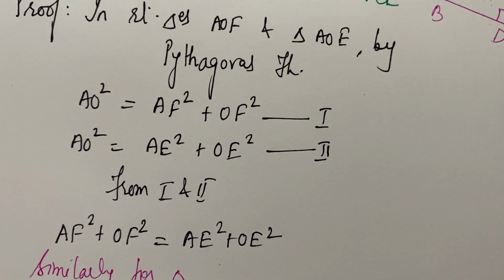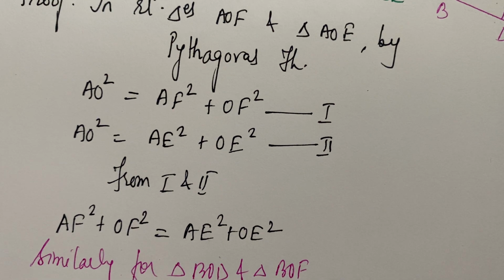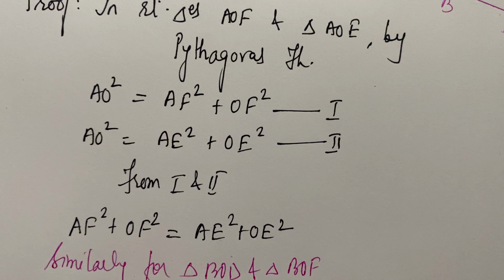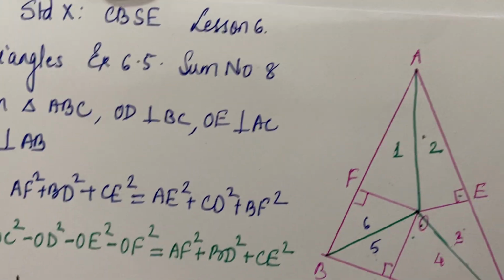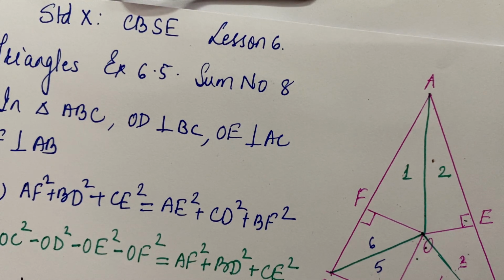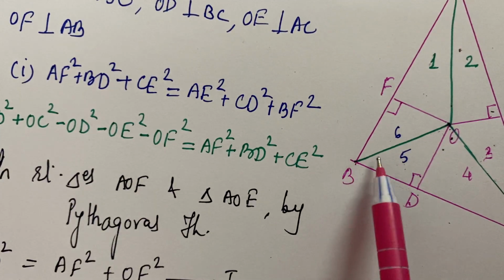Okay, similarly for triangle BOD and triangle BOF. What do we have? We will have BD square plus OD square. देखो इधर ये hypotenuse square is side 1 square plus side 2 square. Can you see this?